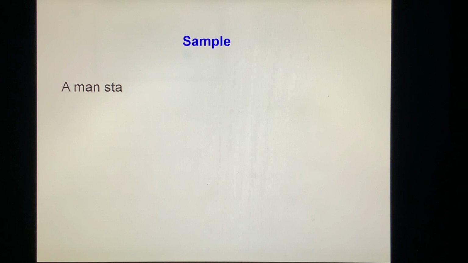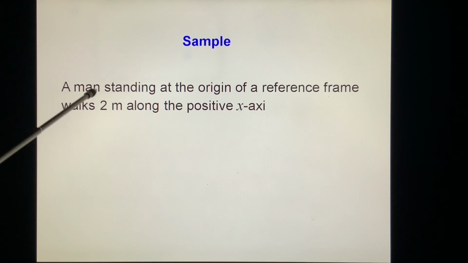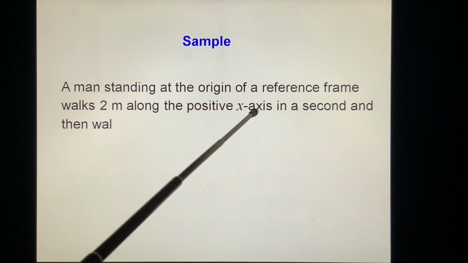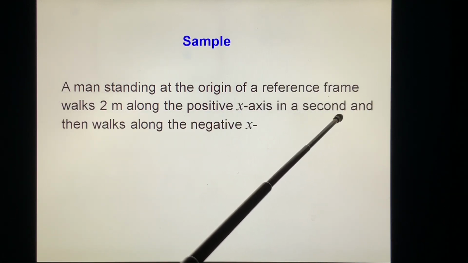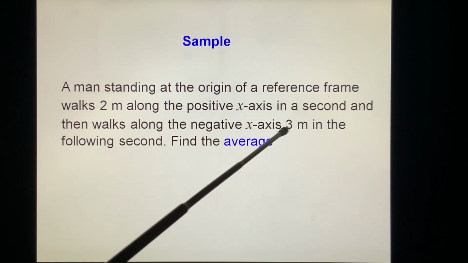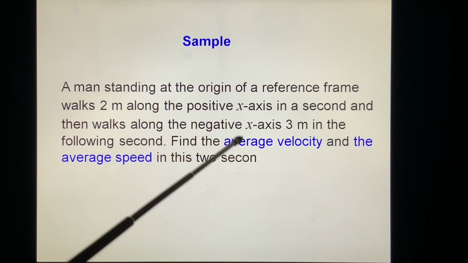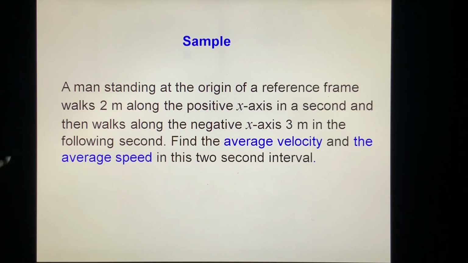Sample. A man standing at the origin of a reference frame walks 2 meters along the positive x direction in a second, and then walks along the negative x-axis 3 meters in the following second. Find the average velocity and the average speed in this 2-second interval.